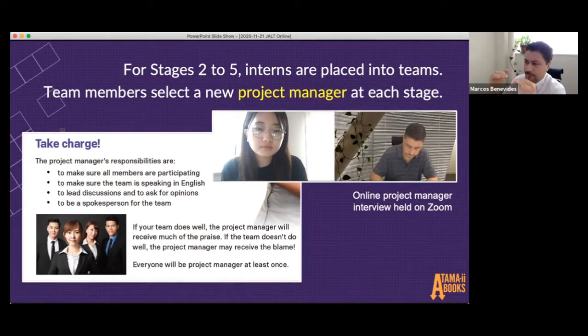And what happens is that you're then setting the bar really high, which means that stage 3, although the complexity of the tasks becomes a little higher, the project manager has already done such a good job in stage 2 that the next project manager now has a model to follow, right? And so on towards the end. And so that's another benefit of this project manager and team setup.